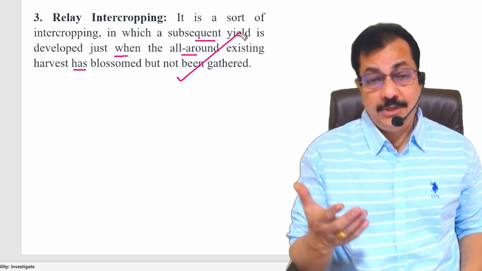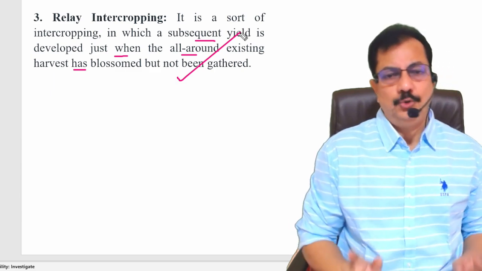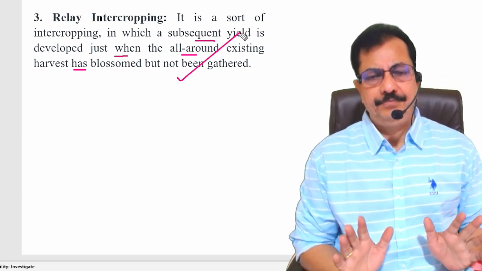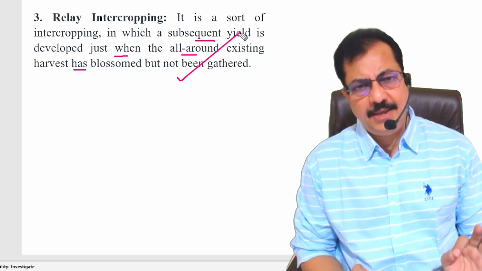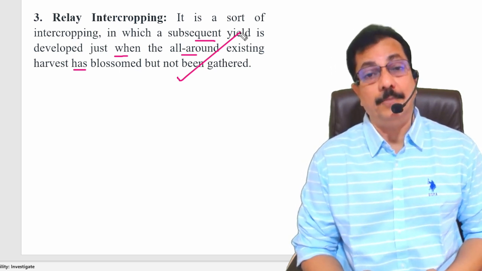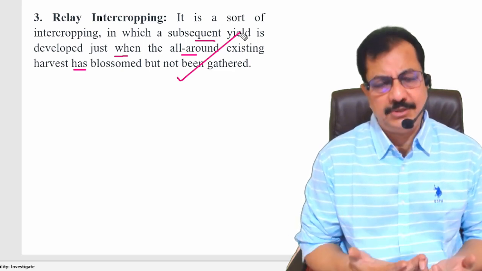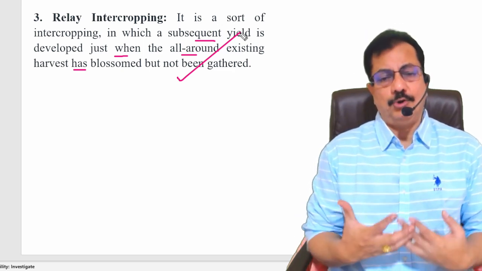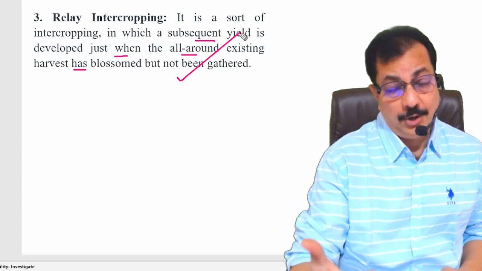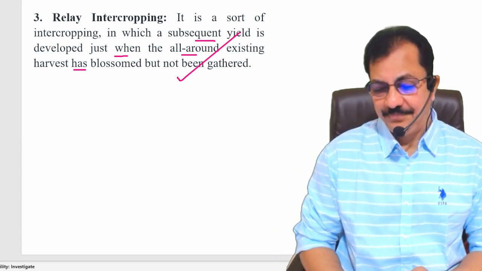But before that, if you are going for another crop, that is called relay cropping. So you are not leaving the land empty. At any given point of time, the land is being used, and this is called relay intercropping. Before you gather the crop, you are going for another crop, that is called relay intercropping.